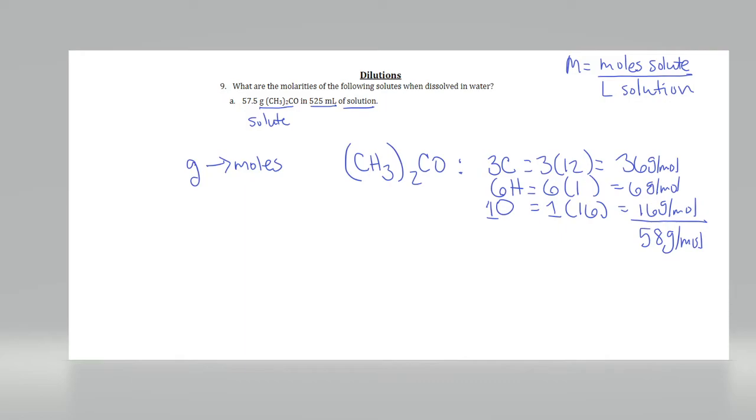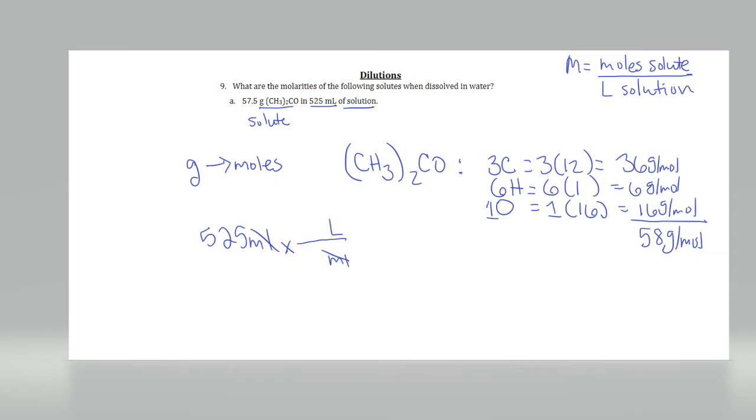And what about the denominator? Let's do a little conversion for that as well. The milliliters of solution needs to be liters of solution. If we're starting with 525 mL of solution and we need to get to liters, we use dimensional analysis, where you can cancel your numerator and denominator units and get what you need.